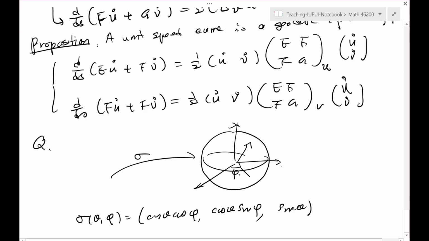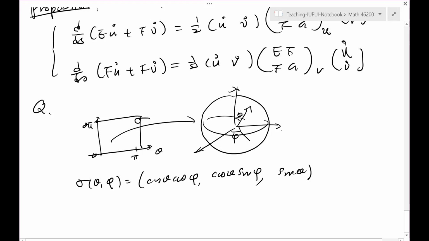This is the angle phi, and this is the angle theta. Theta is from 0 to pi, and phi is from 0 to 2 pi. So you have a rectangle which is mapped to the sphere. Some areas overlap, and some collapse to one point, like this here.